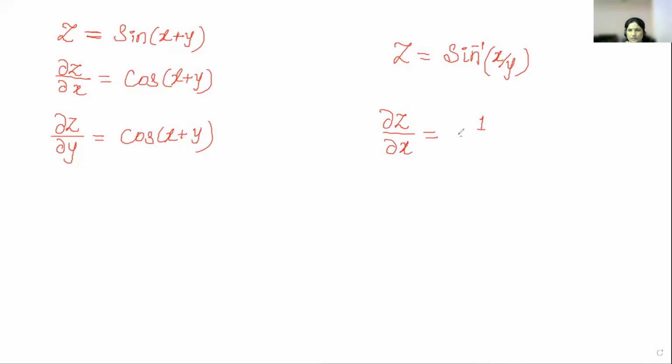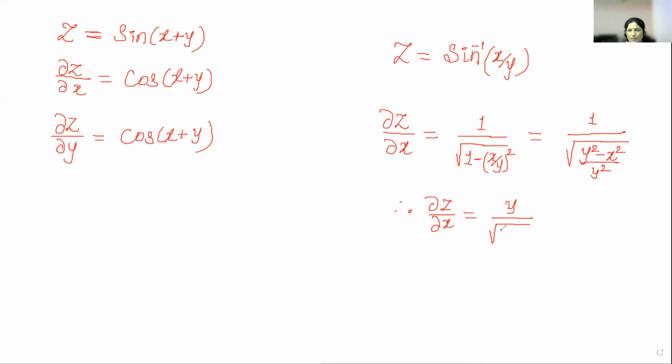So 1 upon the square root of 1 minus (x by y) whole square. Now simplify this. So 1 divided by square root of 1 minus x square upon y square. So it will be y square minus x square divided by y square. Therefore, dou z by dou x is equal to y divided by square root of y square minus x square.